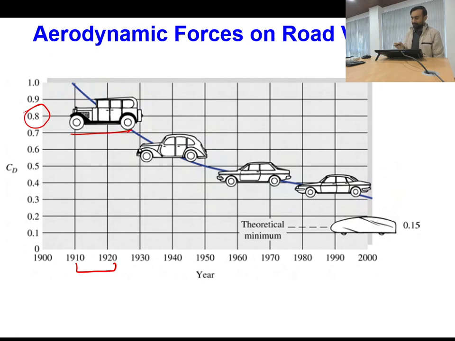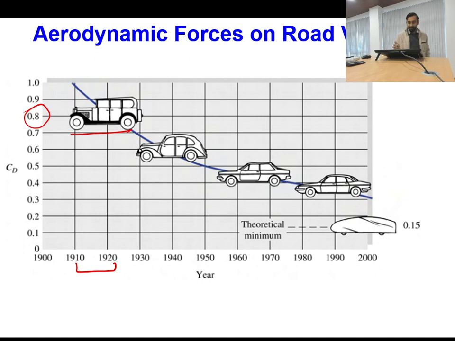Then people thought of having streamlined shapes, and year by year we are getting more streamlined cars, and drag is further reducing. If drag is reducing, it means engines will take less power, because the engine has to overcome the drag in order to propel the vehicle in the forward direction.